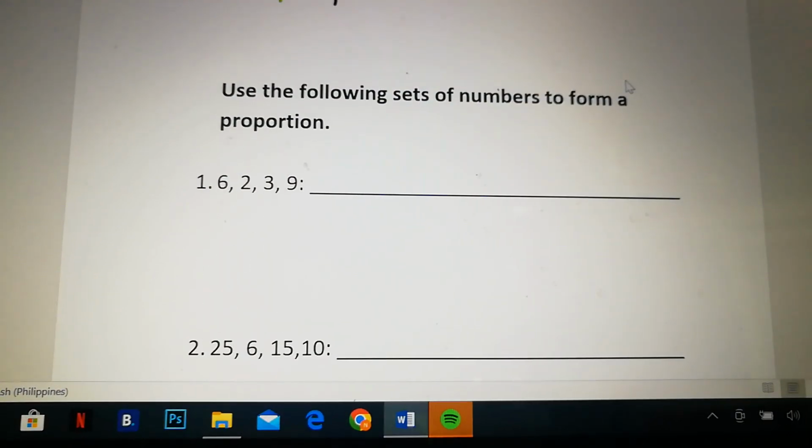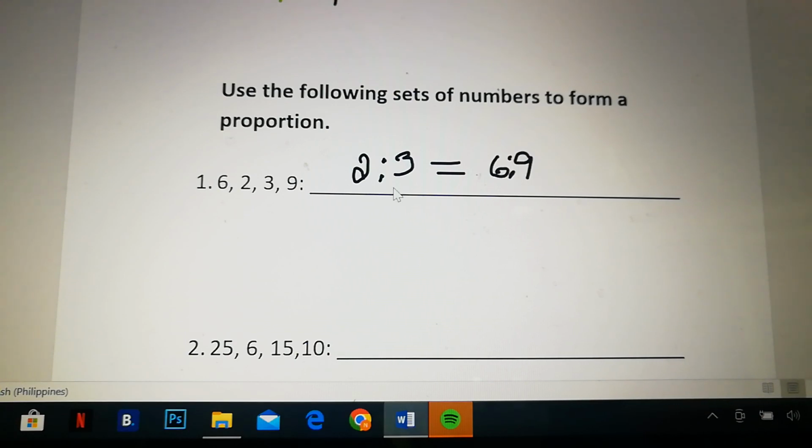Next, use the following sets of numbers to form a proportion. So you will form a proportion since this one is involving equality of two ratios. So you form two ratio. Let's see, 2:3 is equal to 6:9.